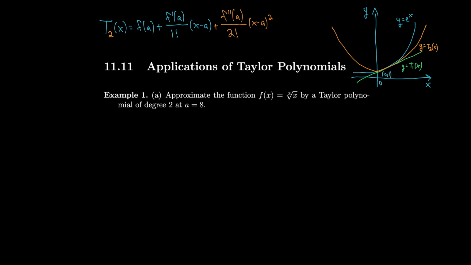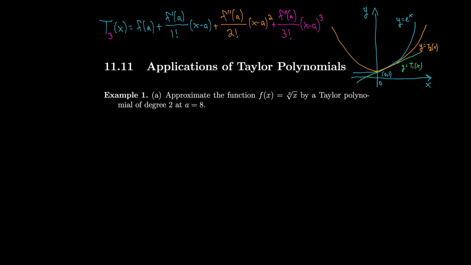And then if I wanted a third degree, let's change this to 3. And we'll throw in f triple prime at a over 3 factorial times x minus a cubed.